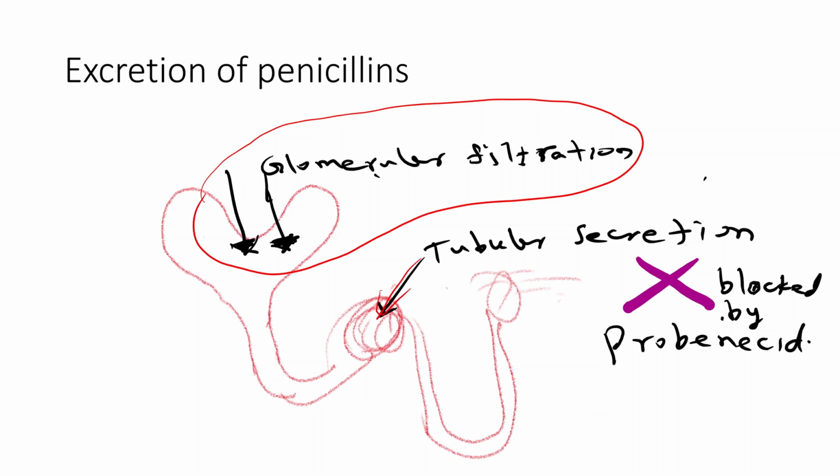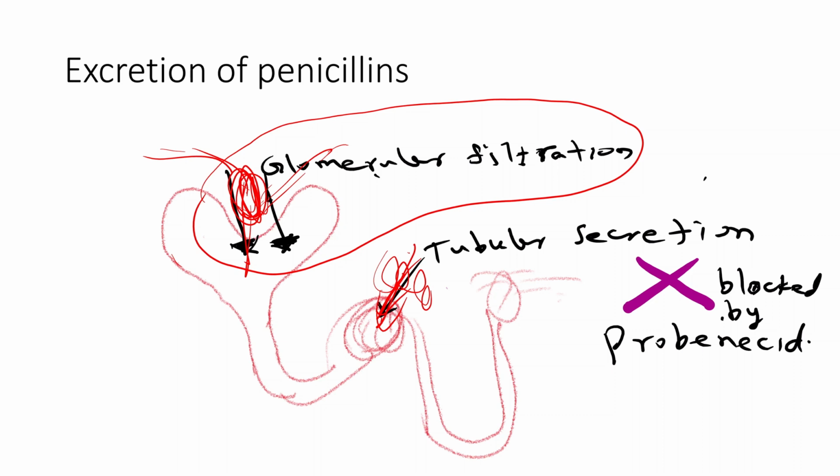This is Bowman's capsule, then the afferent arteriole comes, the glomerular capillaries, then the efferent arterioles, and then the peritubular capillaries around it. From there, tubular secretion and glomerular filtration occur. That is how penicillins are excreted through the kidney.